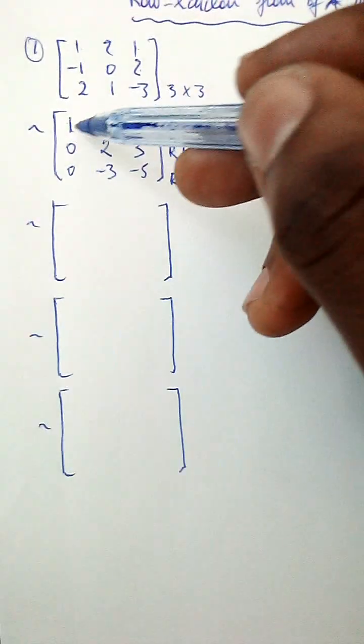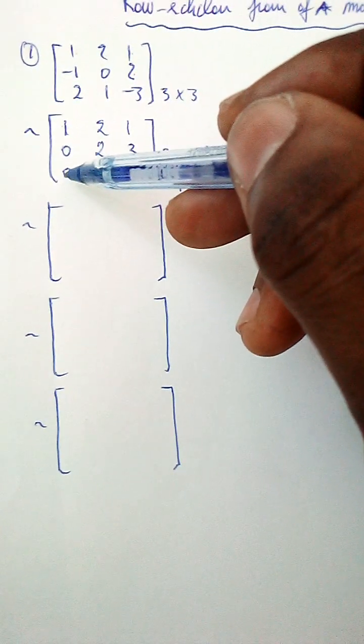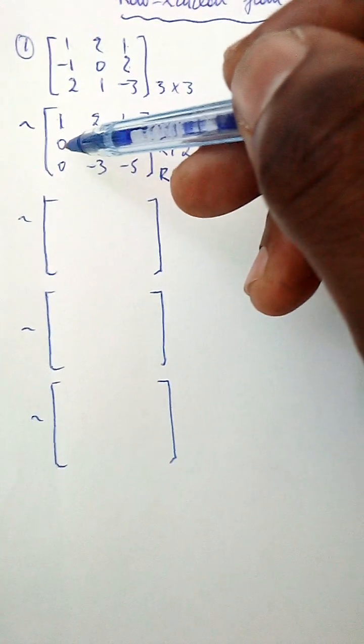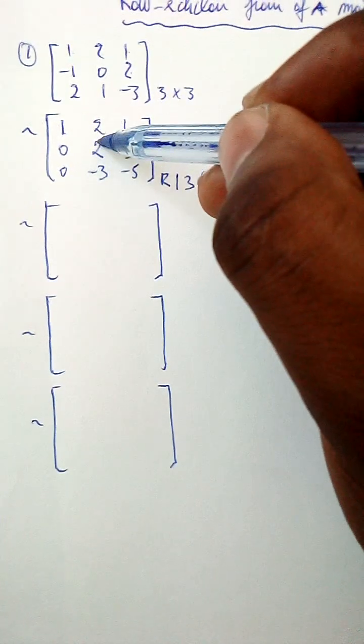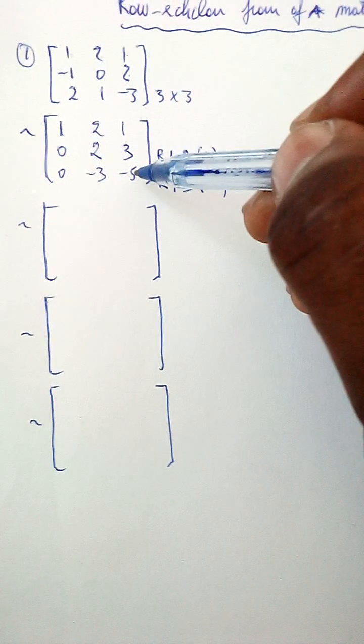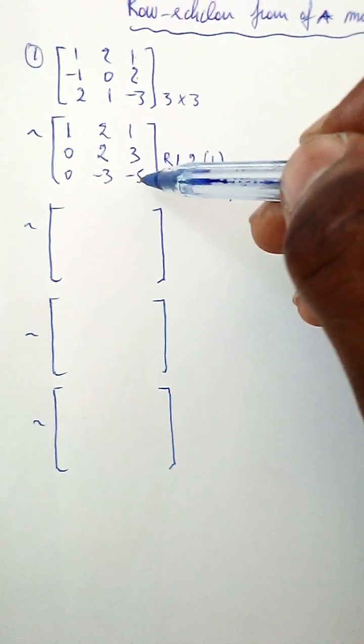So as we have 0 here, we are going to make a leading one here and a leading one here in the third row.